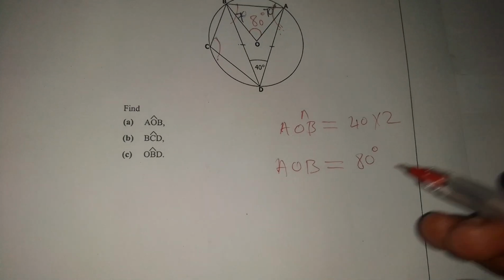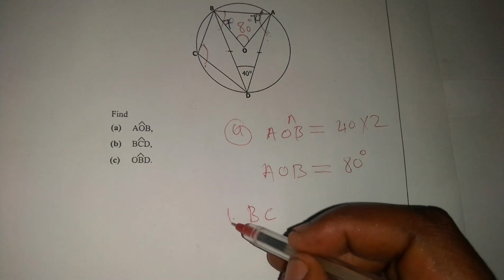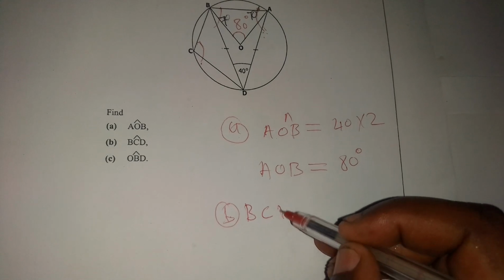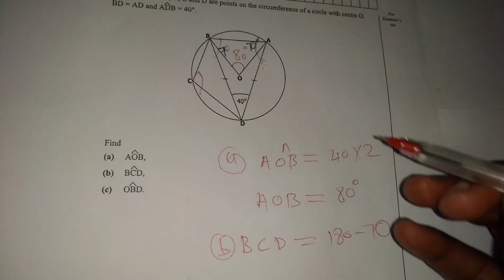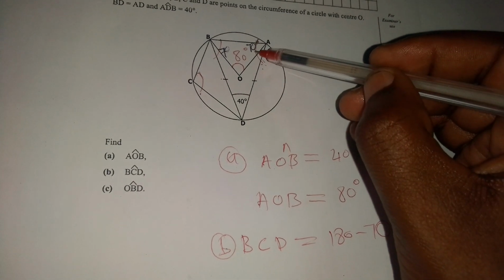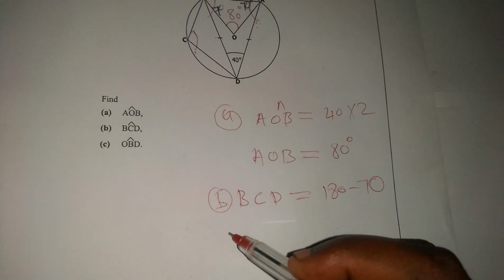I can show that BCD, this one was A, this is B, so BCD, now it will be 180 minus 70. Okay, this 70, minus 180, I'll be able to get the angle which is there.